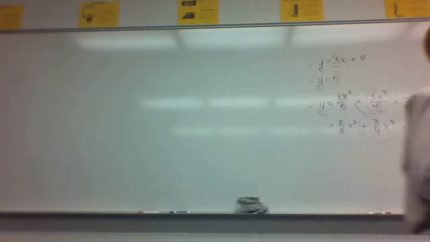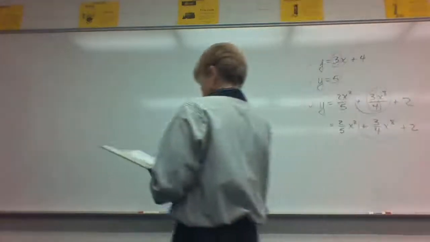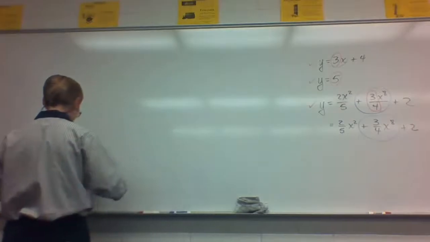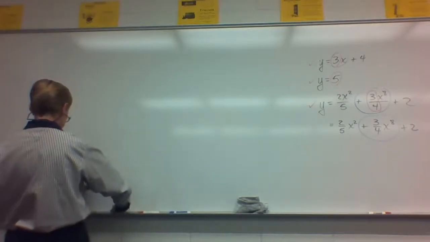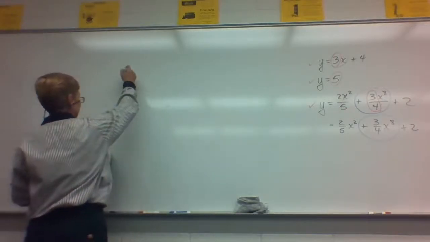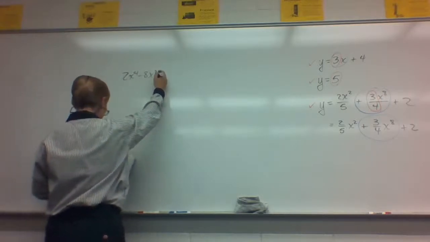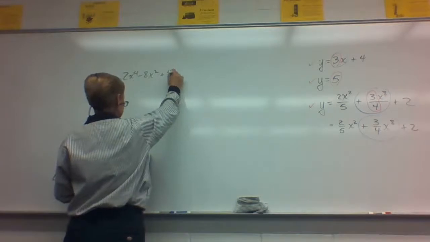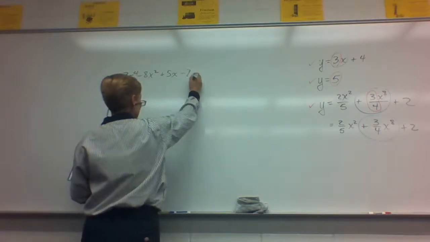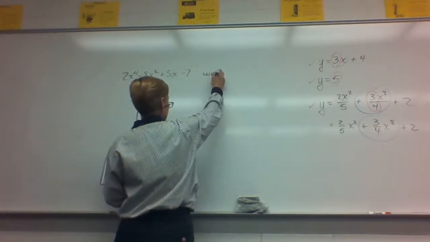So, if what you see in this book is what's written up there, which is 2x to the fourth minus 8x squared plus 5x minus 7 when x equals 3. So this is what your eyes are looking at in the book.